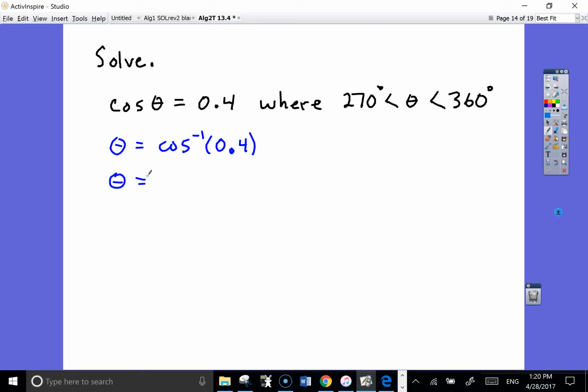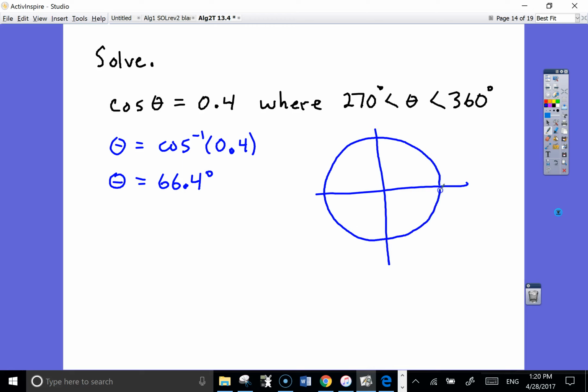Now I'm getting 66.4. So if I draw my circle, 66.4 is about right there.